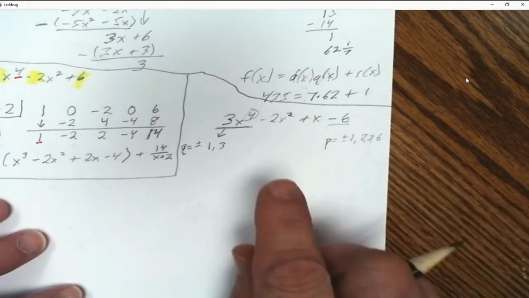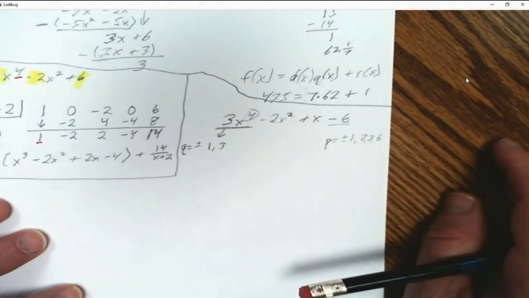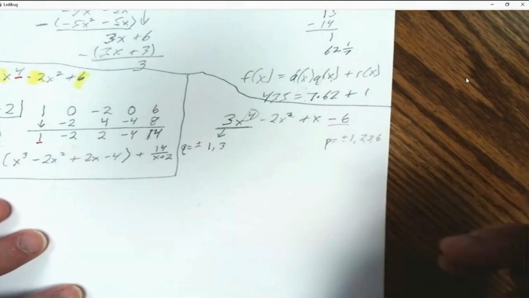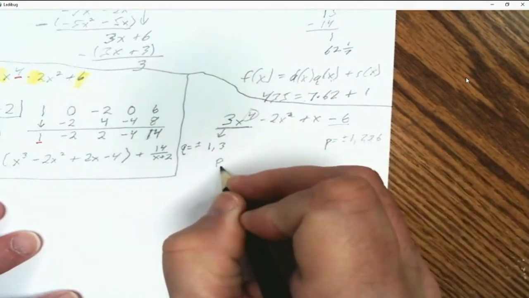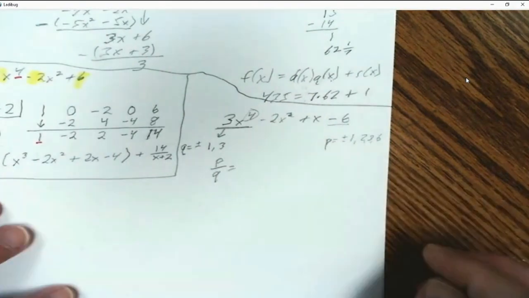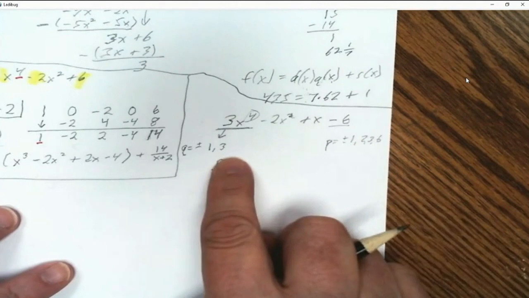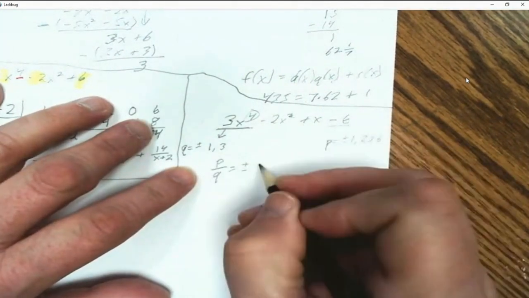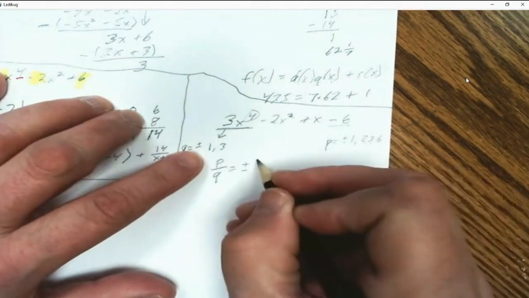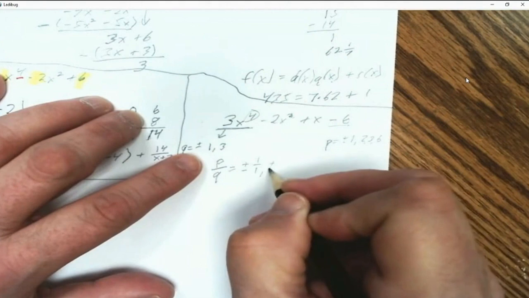But the only possible zeros, the rational zero function, is what are the P's over the Q's. So let's take this P and put it over all the Q's. So it could be 1 over 1, and they're all plus or minus, or 1 over 3.